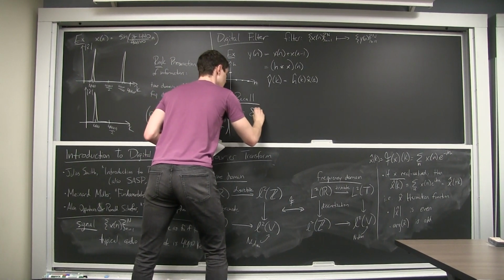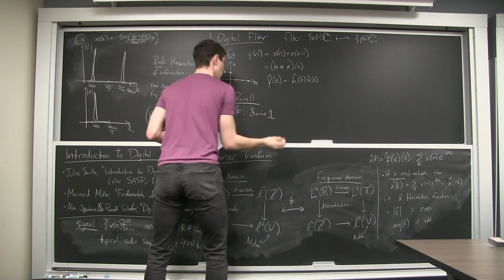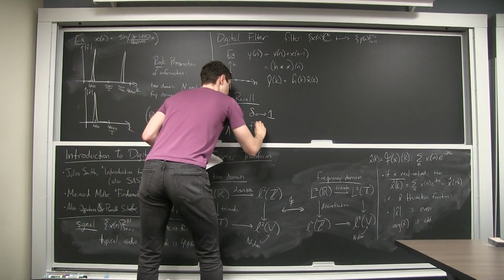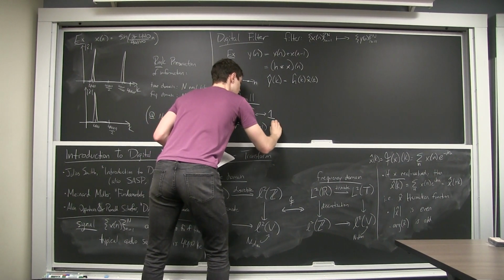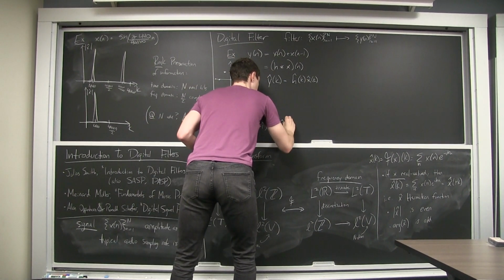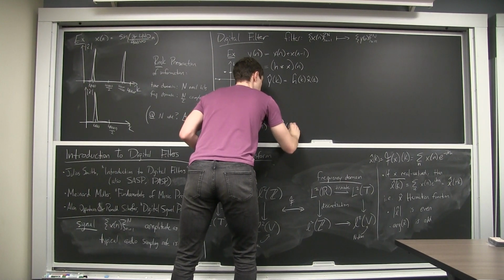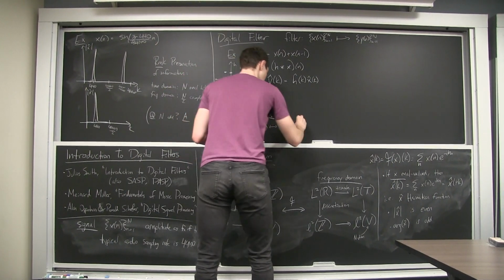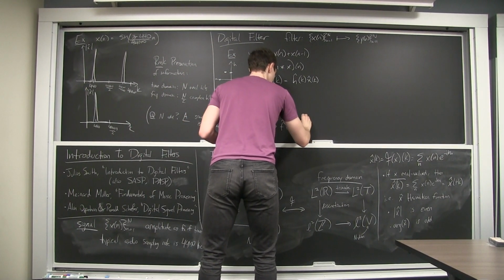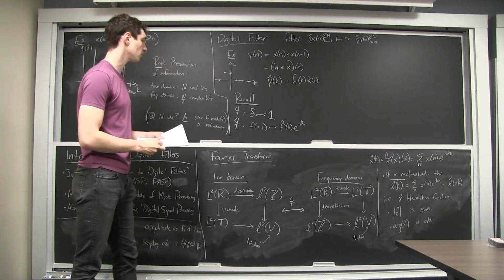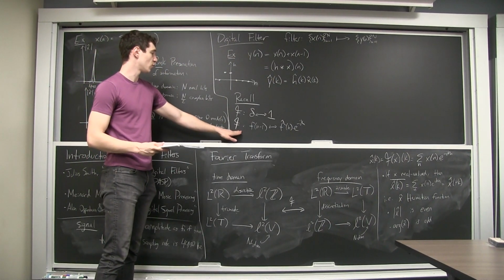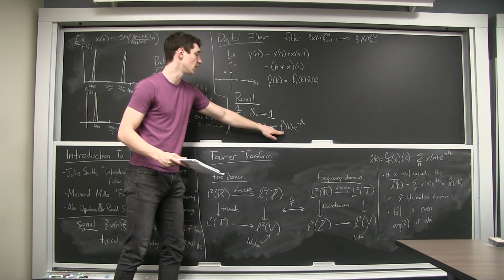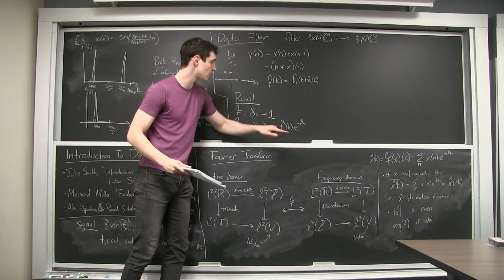The Fourier transform takes a delta function to the constant all-ones function, and it takes a shifted function to the unshifted Fourier transform with a phase on it, the e to the minus ik.